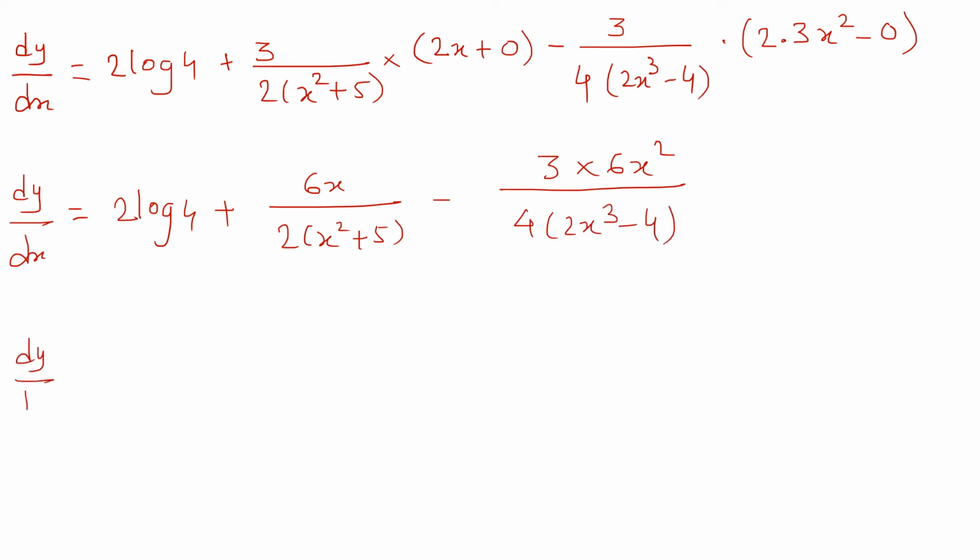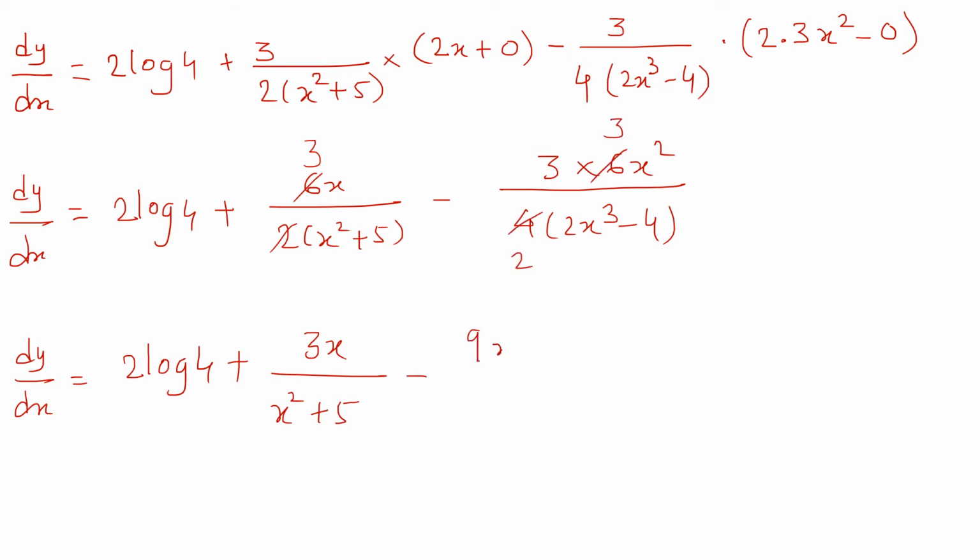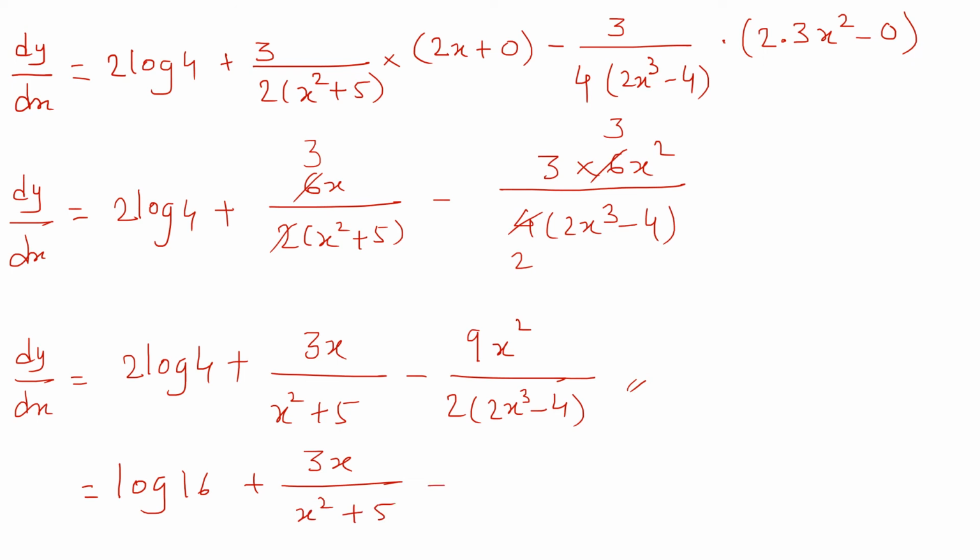You may simplify this and write dy by dx is equal to 2 log 4 plus 3x upon x square plus 5 minus 9x square upon 2 into 2x cube minus 4. You may keep this as final answer, or one can write this as log of 4 square, which is 16, plus 3x upon x square plus 5 minus 9x square upon 4x cube minus 8. This is my final answer.